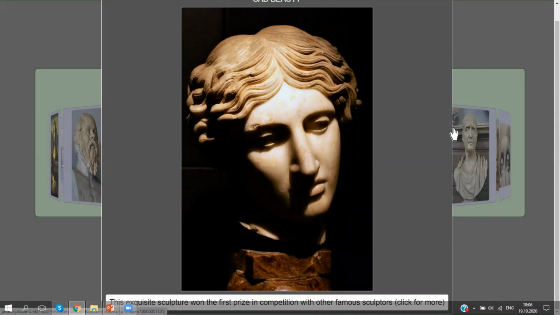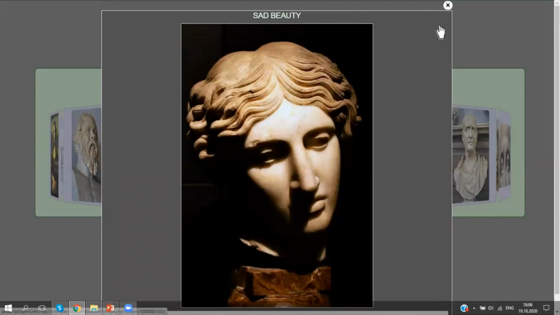I'm not going to explore this any further, but I want to stress that this was a competition between world famous sculptors. This was the first prize, and the jury was composed of the most talented sculptors. What a great honor the creator of this face received. And this was hundreds of years before the birth of Christ. Let's go on.